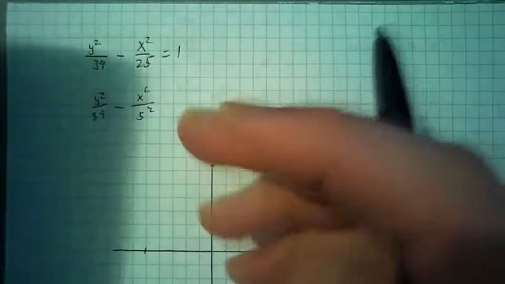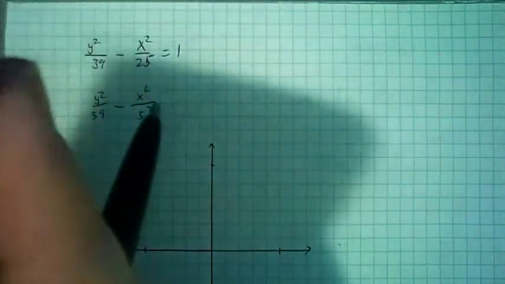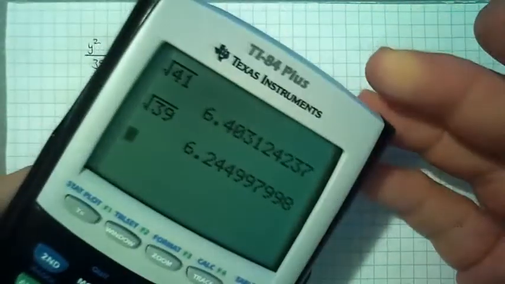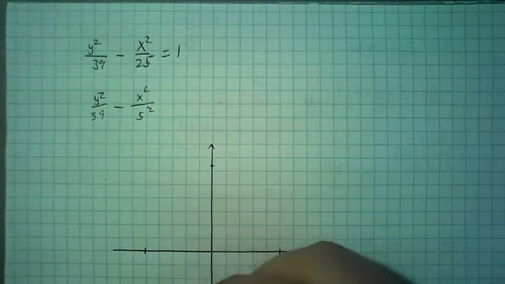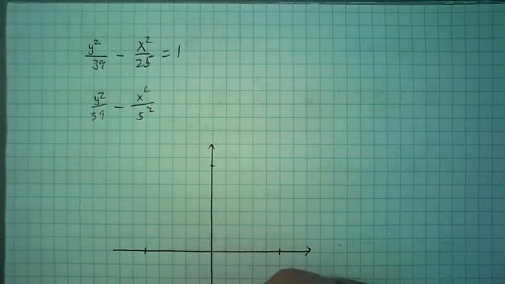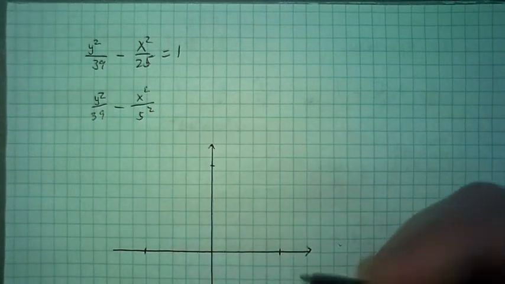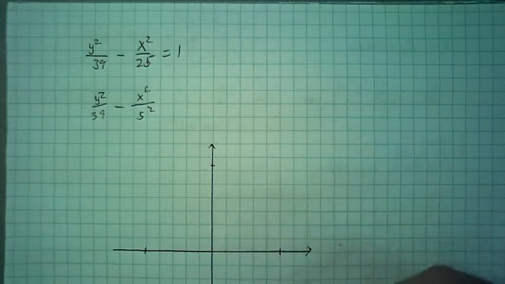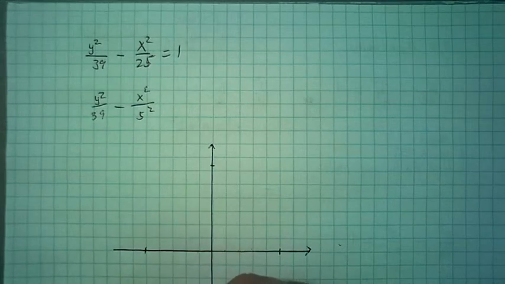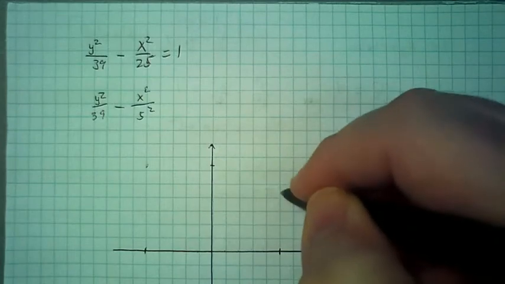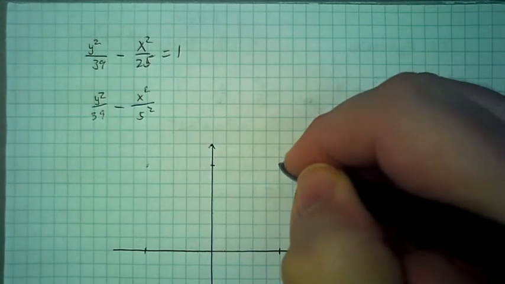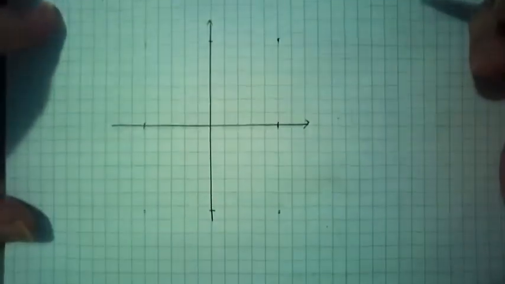I'll get that more precisely for you: 6.24. So 6 1/4. 1, 2, 3, 4, 5, 6 1/4. About where I drew it. So the 4 corners are going to be here, and here, here, and here.